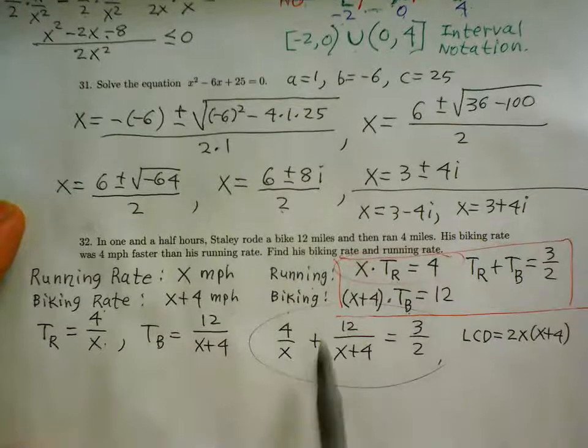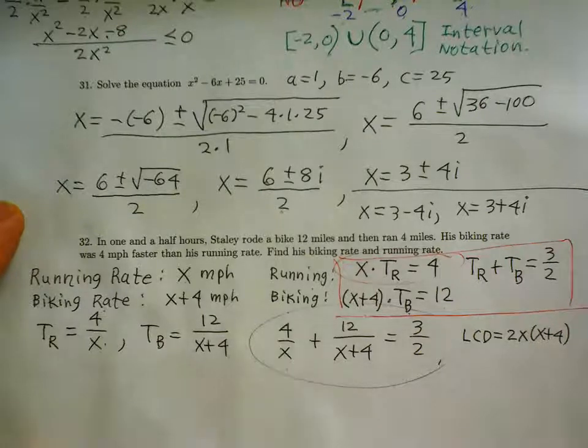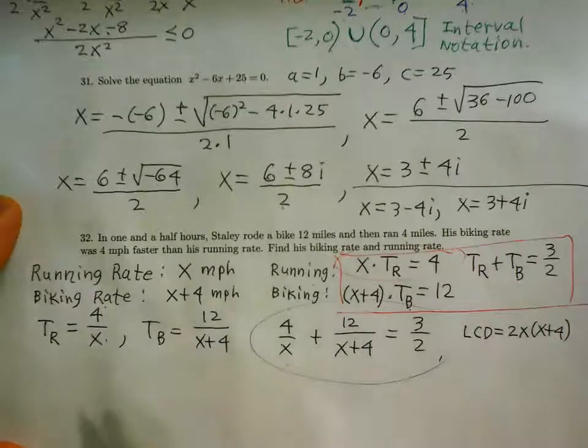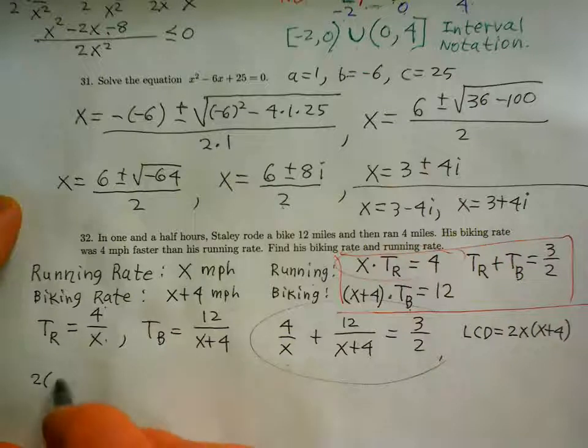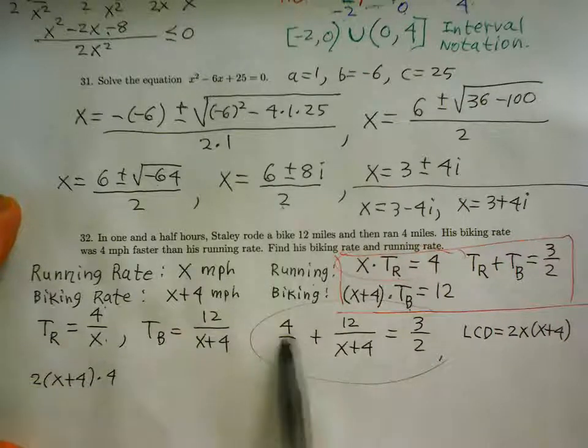When we multiply 4 over x times 2x times x plus 4, the x's will cancel. And so I'll write it as 2 times x plus 4 times 4. We still have a factor of 4.